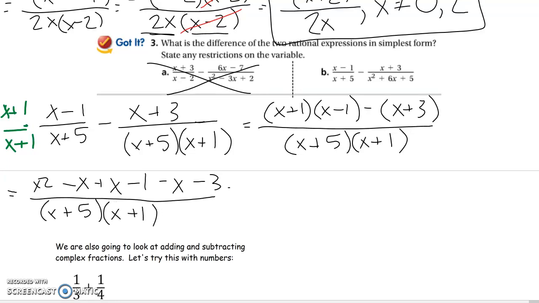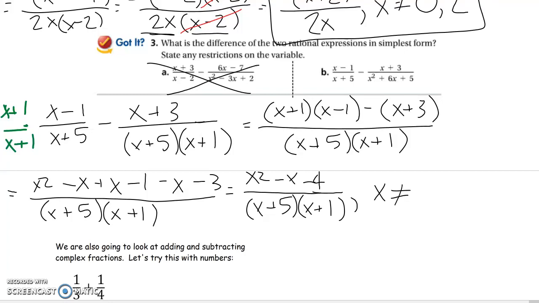Combining like terms in the numerator, we get x squared minus x minus 4, and that is divided by x plus 5 times x plus 1. Since x squared minus x minus 4 does not factor, this is actually simplest form. So we are done and we need to specify our domain restrictions, which would be -1 and -5.